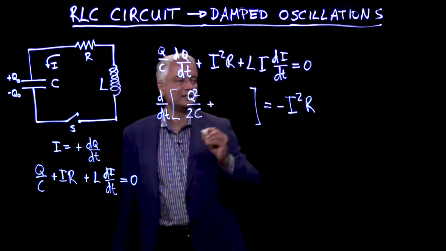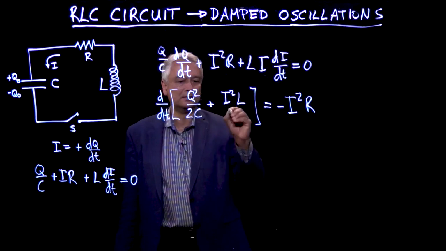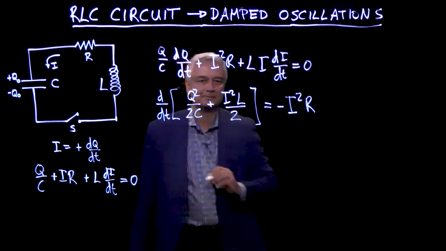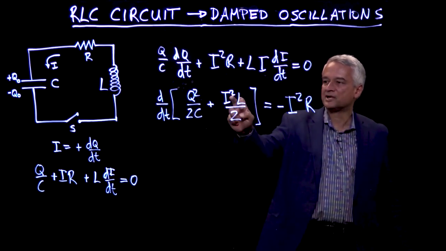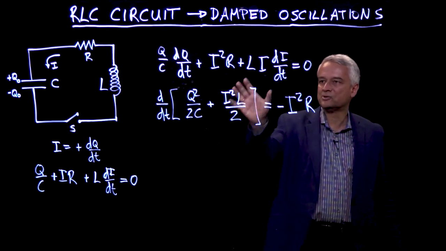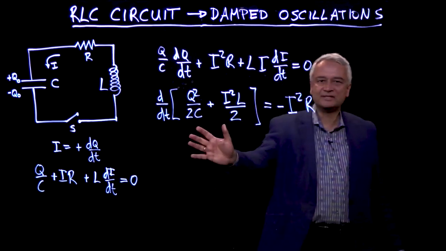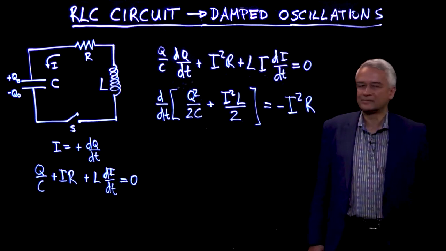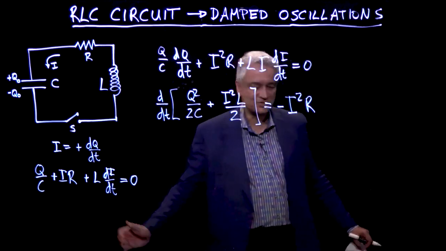It's d by dt of I squared L divided by 2. Again, differentiate this with respect to time. Differentiating I squared, I get 2I times di dt, multiply by L over 2, and I have what I wanted to have. So this is the differential equation that you get from this circuit.